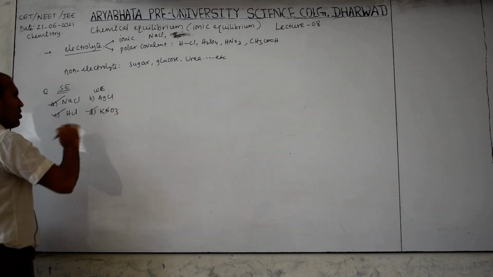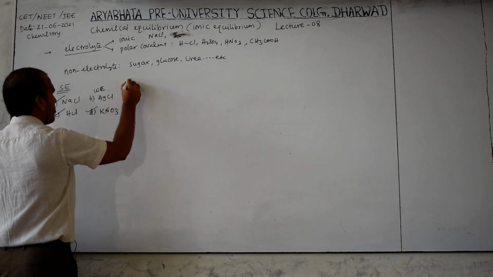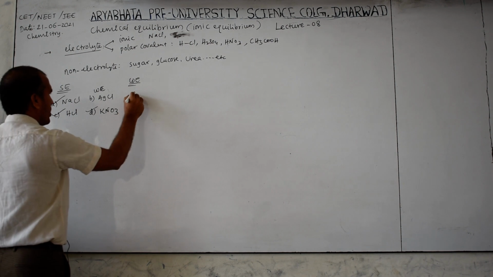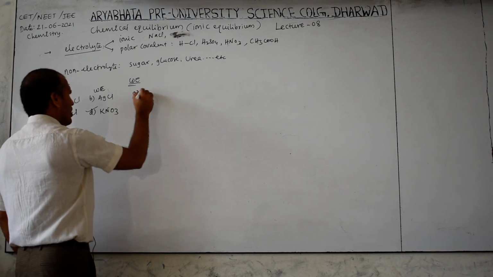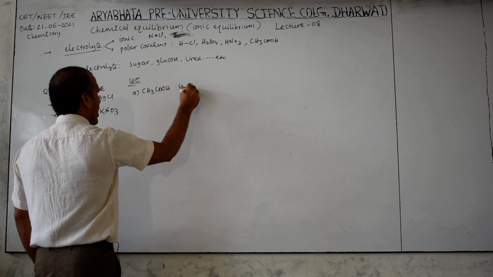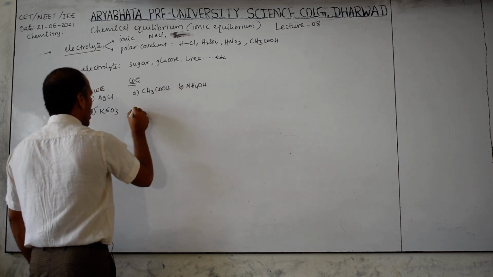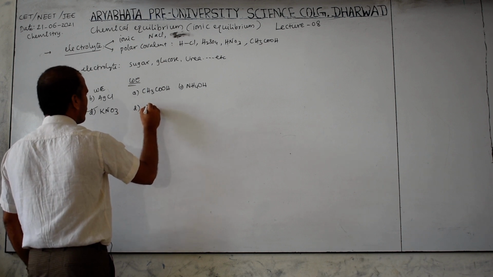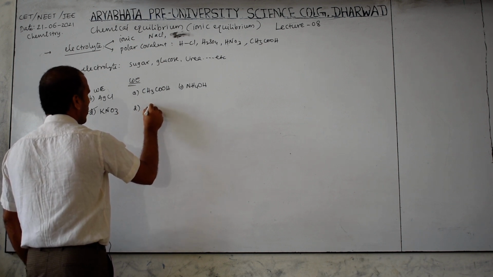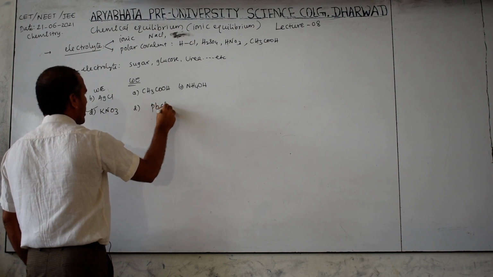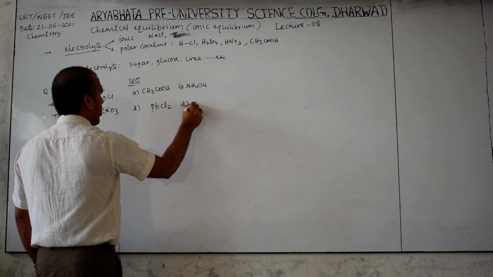So based on this, what do you conclude? Now, a question on weak electrolytes: what are the weak electrolytes? Option A CH3COOH, option B NH4OH, option C PbCl2, option D all.